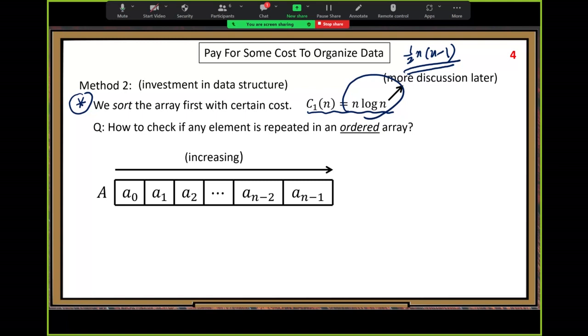The array is in ascending order, already ordered. Under this assumption, you need to use the minimum number of comparisons to find if there are two elements with the same value.